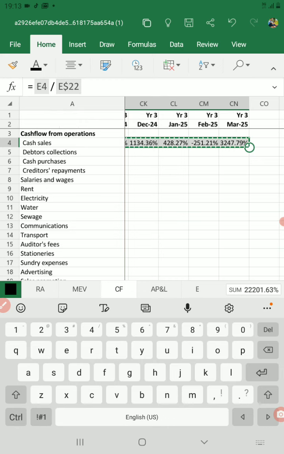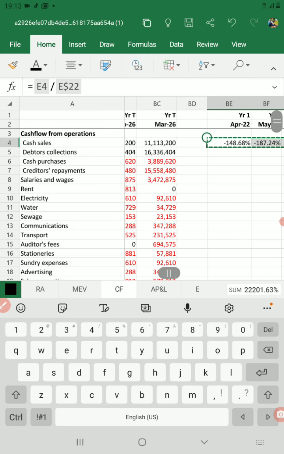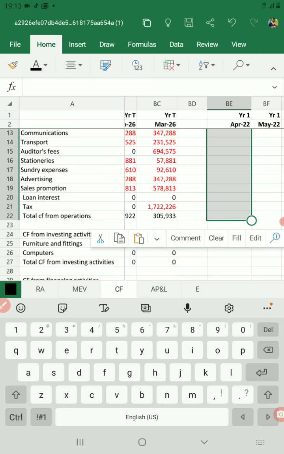Then I copy all these, select all these line items in cash flow from operations up to total cash flow from operations here, and then paste.